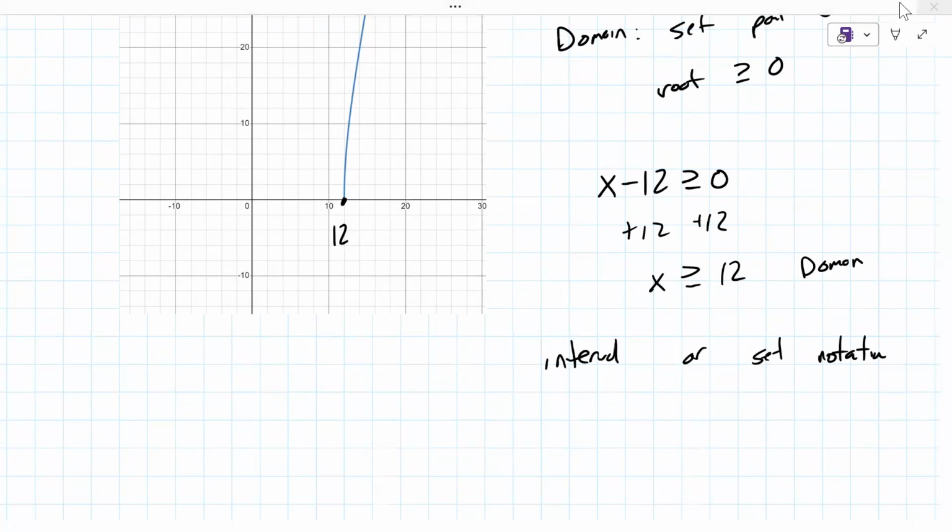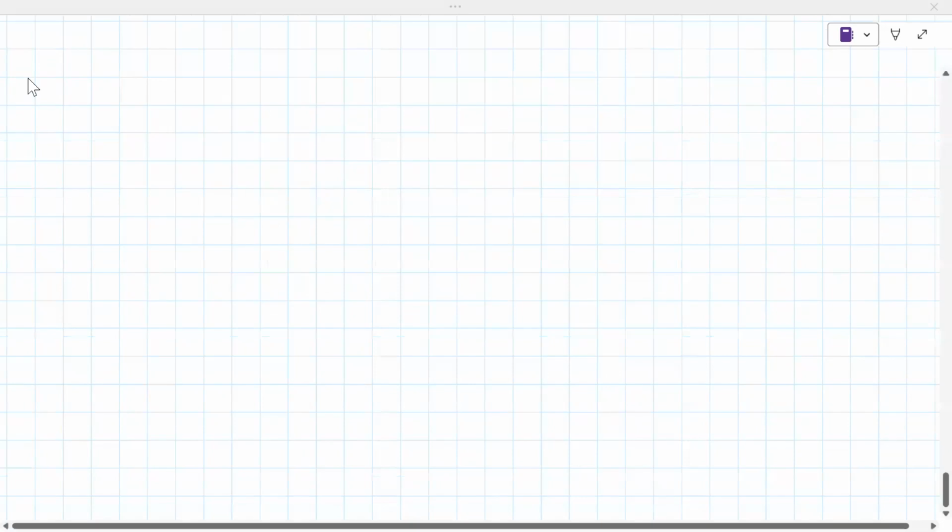The next one is really similar. Well, no, I take that back. This one is... why don't you try graphing this one as well?